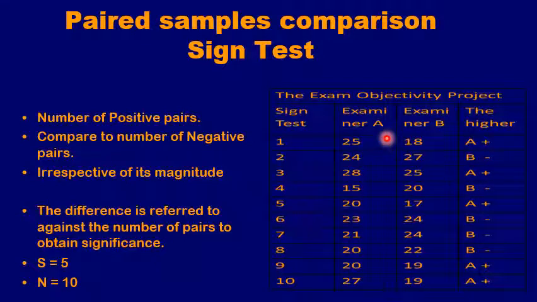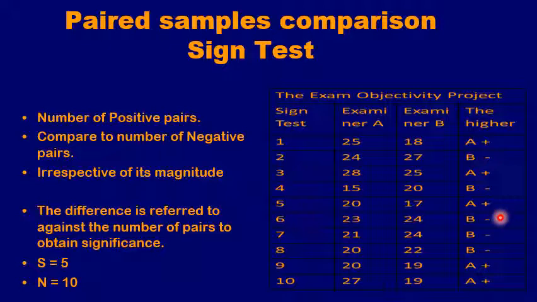Notice that examiner A usually gives better results than examiner B. He can give 27 compared to 19 and 25 compared to 18. But when you end up having to count up the number of the signs, you will find that 5 signs were positive and 5 signs were negative.